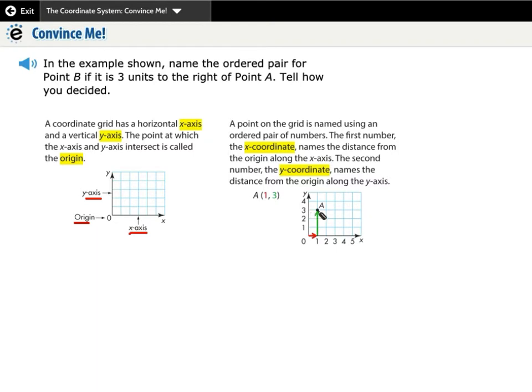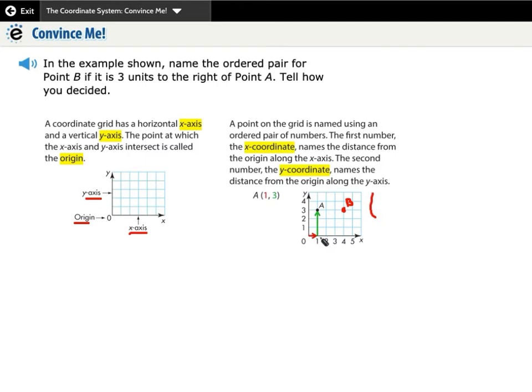Okay, so this is the point A. 3 units to the right means 1, 2, 3. So our point B will be on this point, which is 3 units to the right. This is point B. Okay, so what is now our ordered pair, or what point is this? So this will be point in the x-axis.